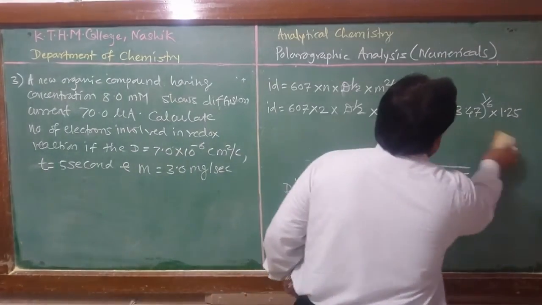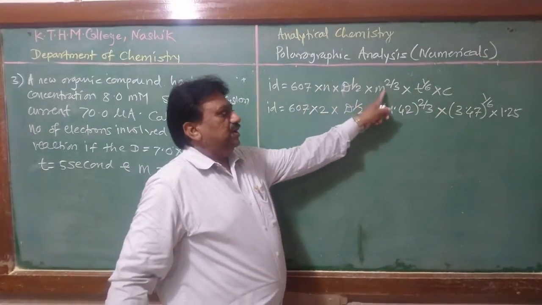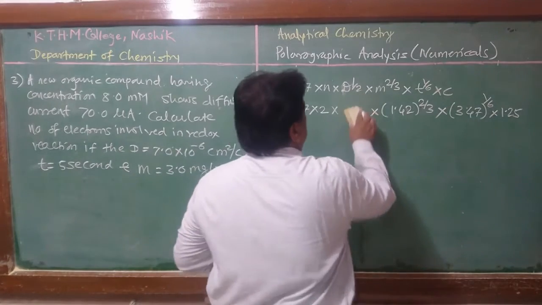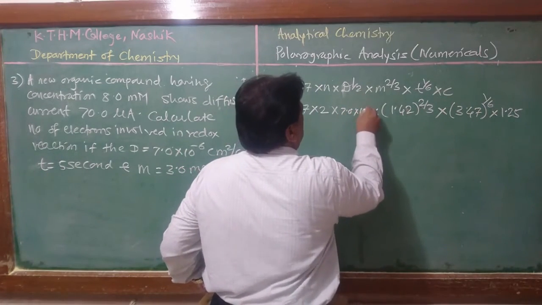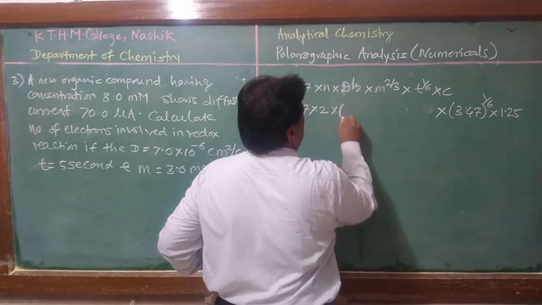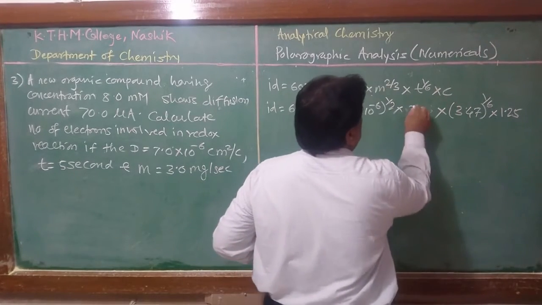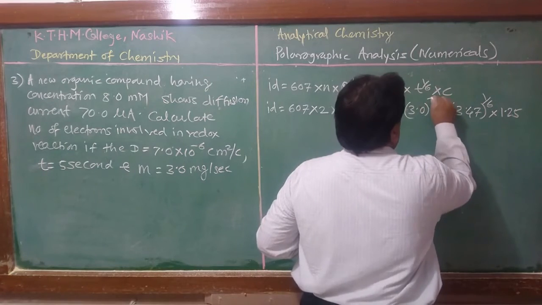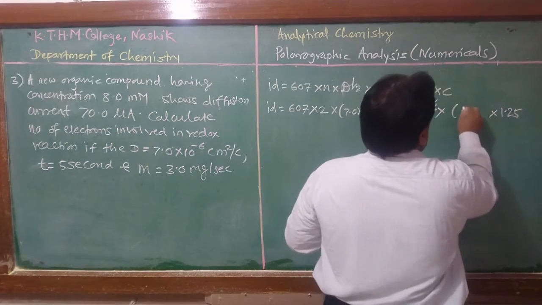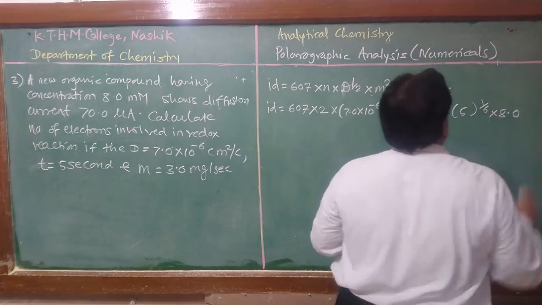Now in this case, we have this equation, that is 607 into n into D raised to half into m raised to 2 by 3 into t raised to 1 by 6 into C. By putting values, we have 7.0 into 10 raised to minus 6 raised to half, into mercury flow rate, that is 3.0 raised to 2 by 3, into 5 raised to 1 by 6, into concentration 8 millimole.